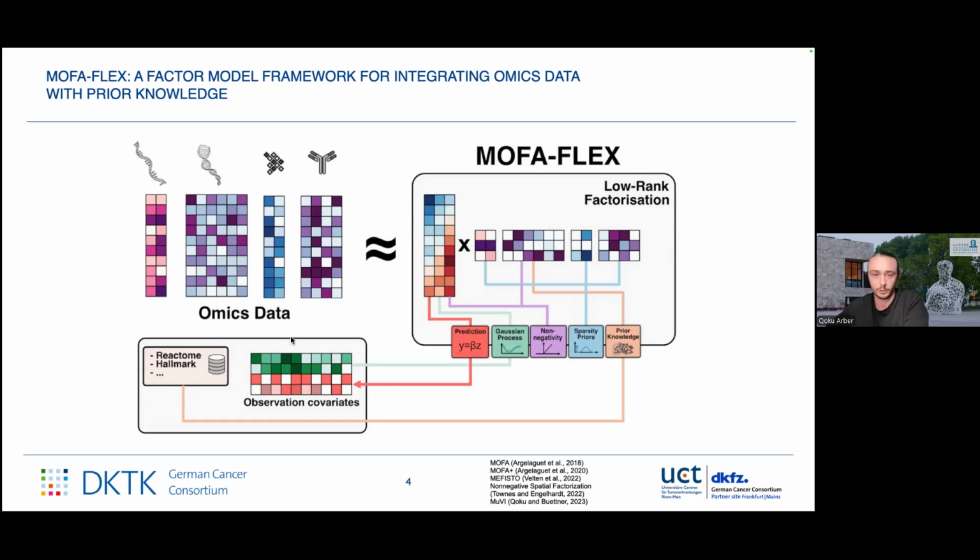And similarly to the previous method, which was focused mostly on prior knowledge integration, we have the omic data, but now we have not only the prior knowledge integration, we also have different modules that we introduce to this particular framework. We can integrate observation covariates onto the latent space.